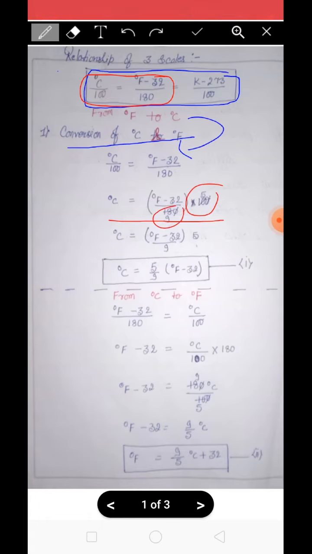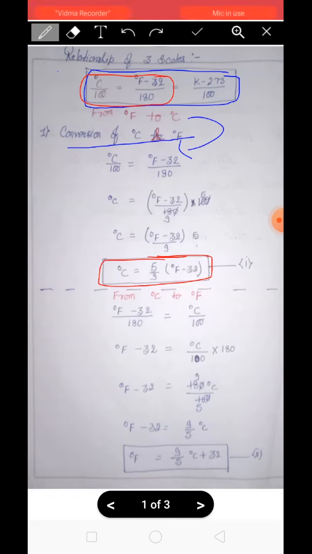You can see we can divide it. So the 0s get cancelled out. 2 5s are 10 and 2 9s are 18. This way we will have 5 over here and 9 over here. Now the formula has turned into degree centigrade is equal to degree Fahrenheit minus 32 divided by 9 into 5, which can also be written like this: degree centigrade is equal to 5 by 9 under bracket degree Fahrenheit minus 32.